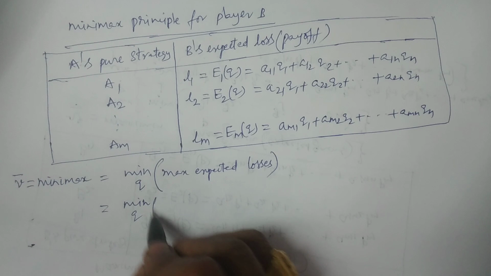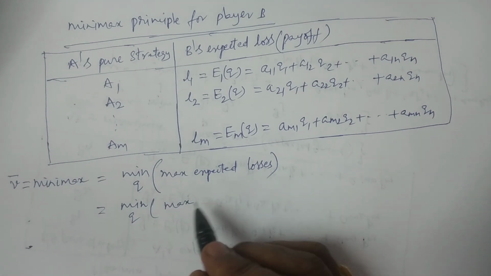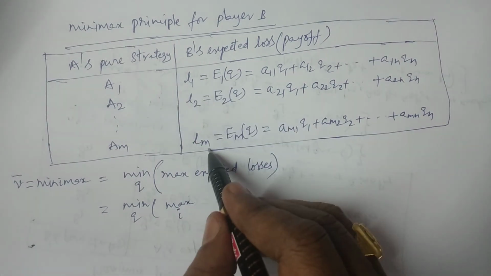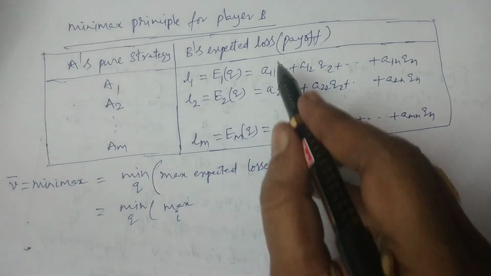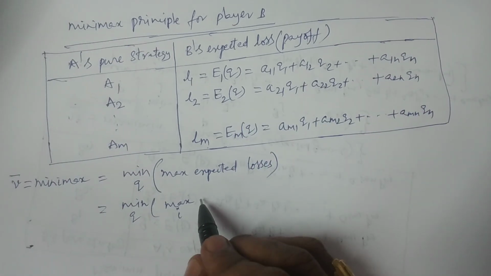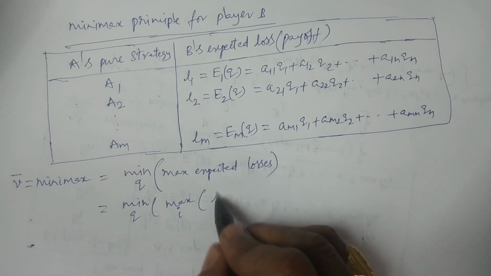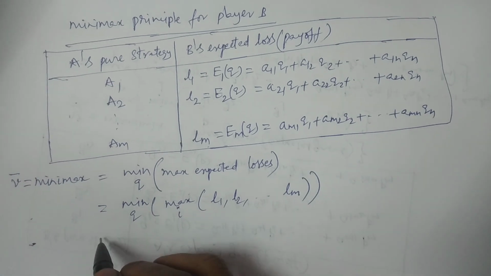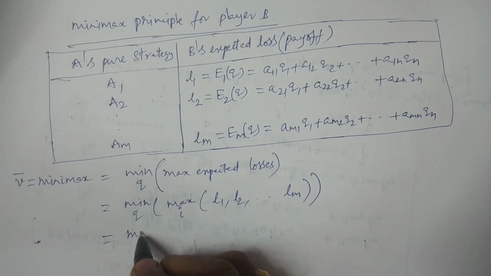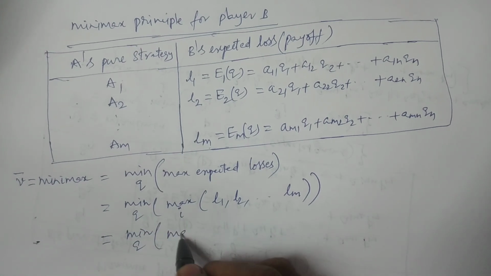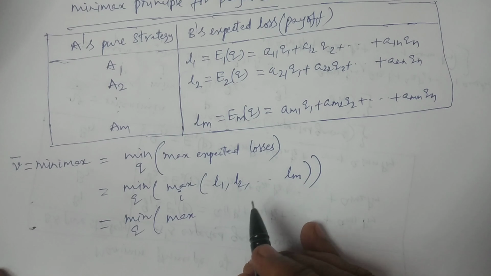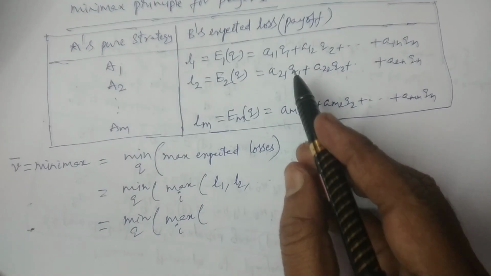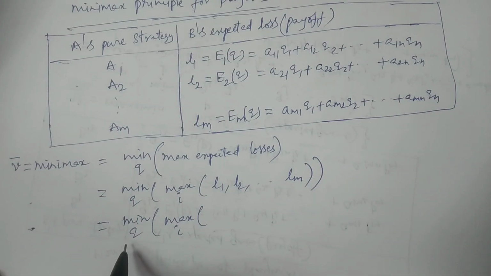Here we consider the maximum over i, where i is equal to 1 to m, among L1, L2 and so on up to Lm. Then you consider the minimum over Q of this maximum expected loss, that is, the maximum amongst these values.